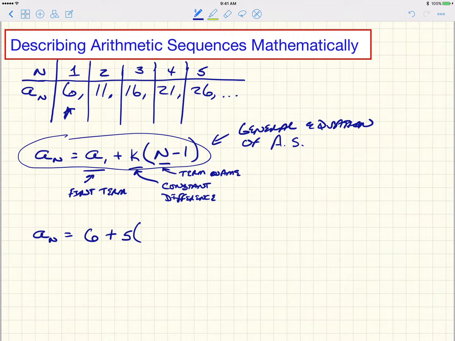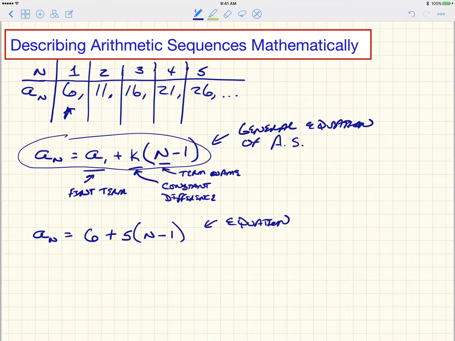We're not identifying a specific member of the sequence yet. We're just describing every member of the sequence. So we're going to leave this as n minus 1. So the description of our arithmetic sequence is simply that: a sub n equals 6 plus 5 times the quantity of n minus 1.